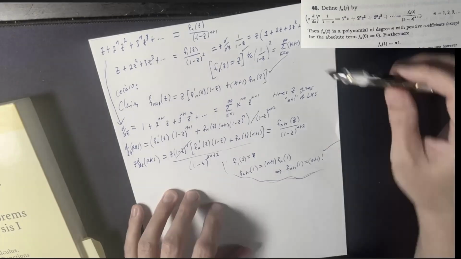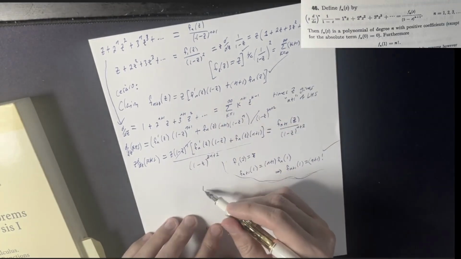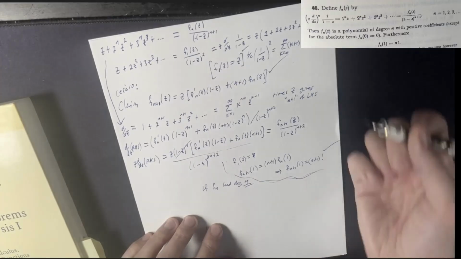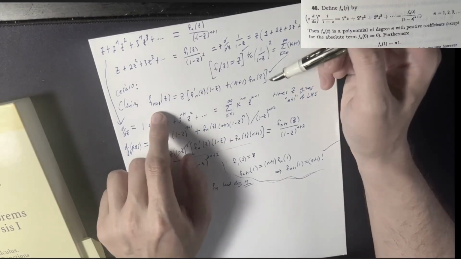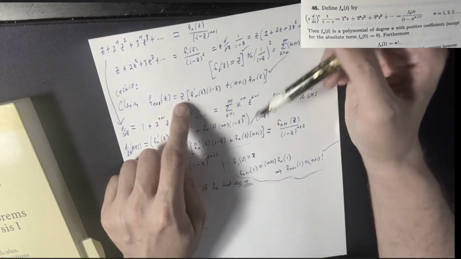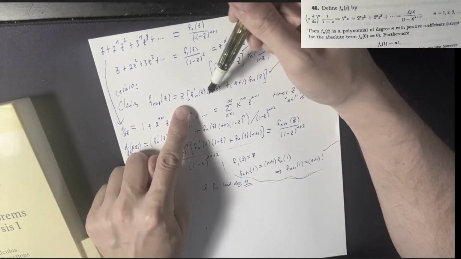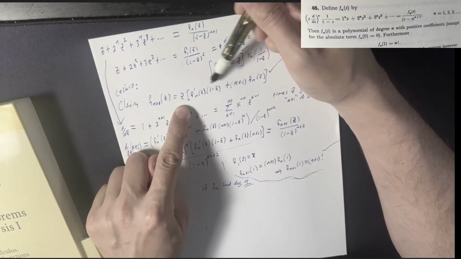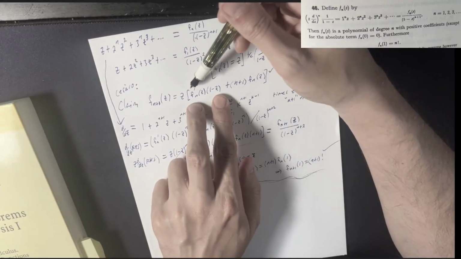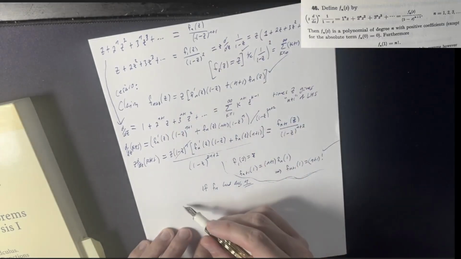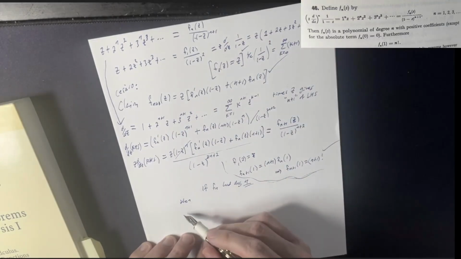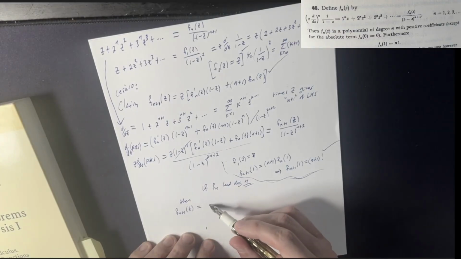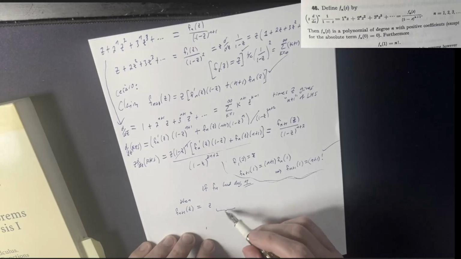You see what I mean? If you knew that f_n had degree n, then f_{n+1} is z times something of degree n minus 1 times z, right? So this is already degree n. Like you're getting z times this chunk of degree n.